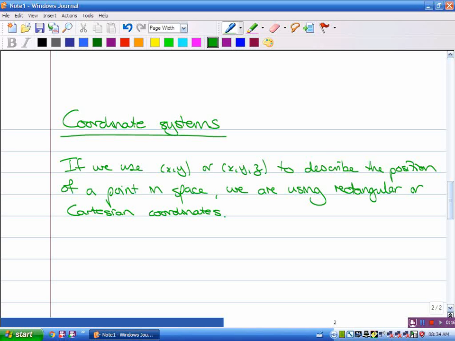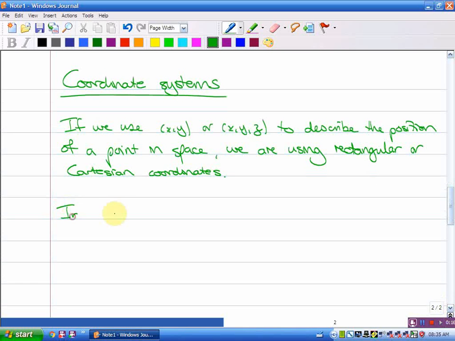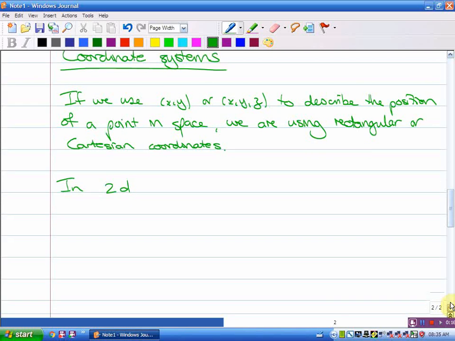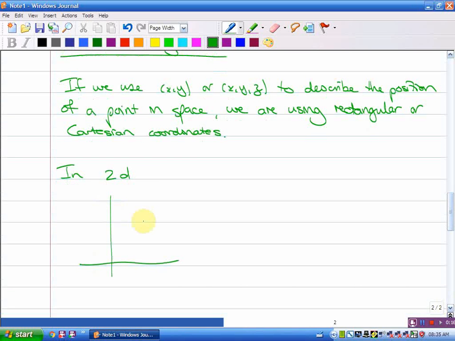Okay, and of course we're very familiar with rectangular coordinates, and I imagine you're fairly familiar with polar coordinates as well in two-dimensional systems. Okay, so in 2D we can have a point over here, and we can describe it using its x and y coordinates by how far you have to move along the x-axis, and then how far you have to move parallel to the y-axis to get to that point.